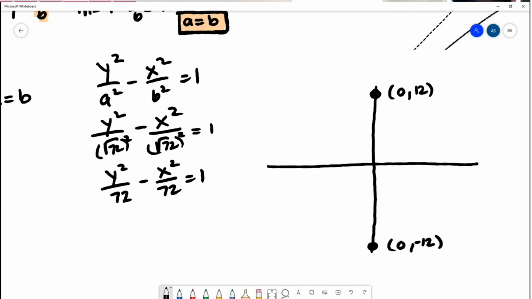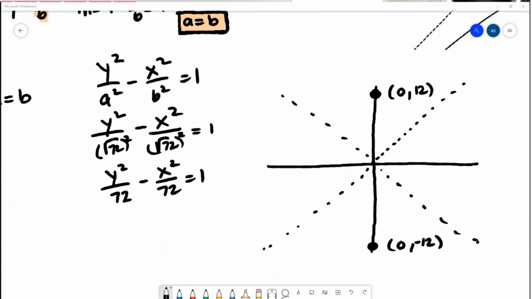I know I've got my asymptote. The only other piece of information I want is to use my calculator to find the square root of 72. That's what A is.